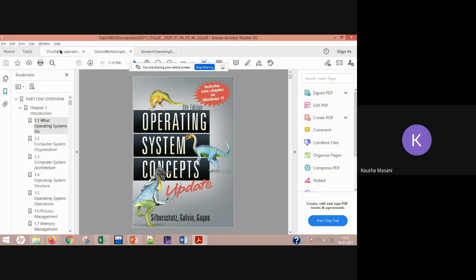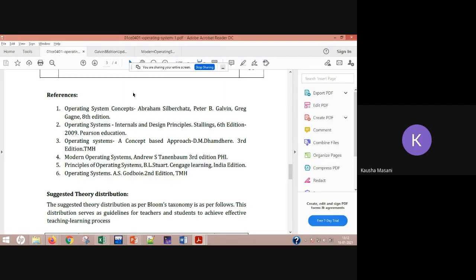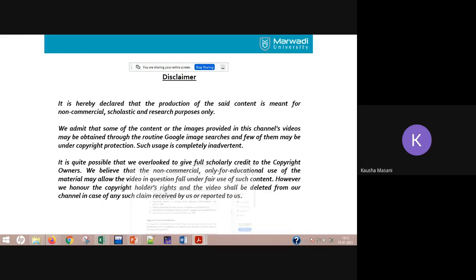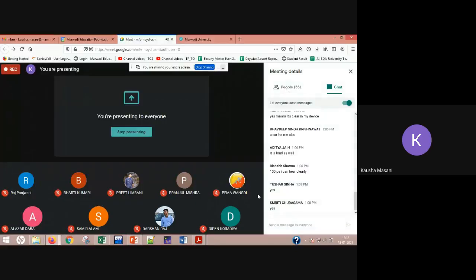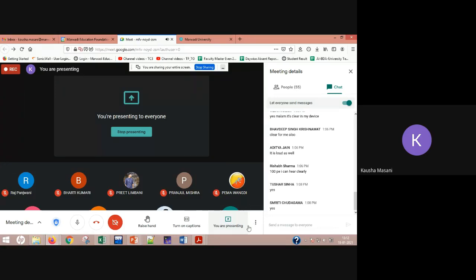So these are your two books. And there is a list of practicals that I'll show you in your lab. Today we are starting with your first unit.